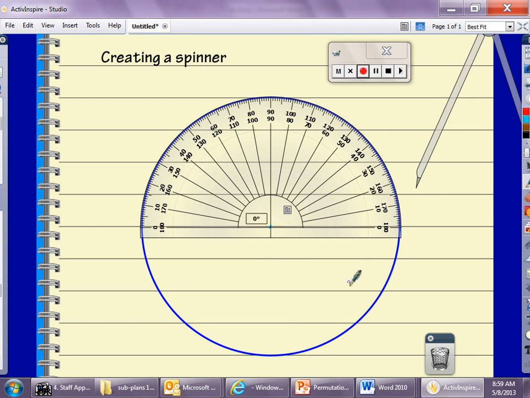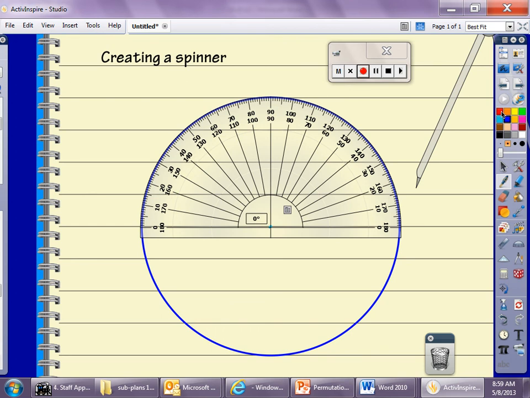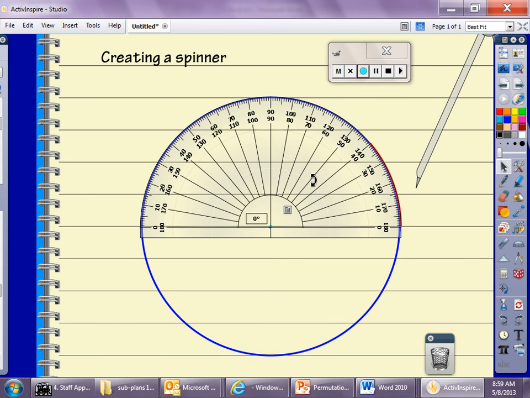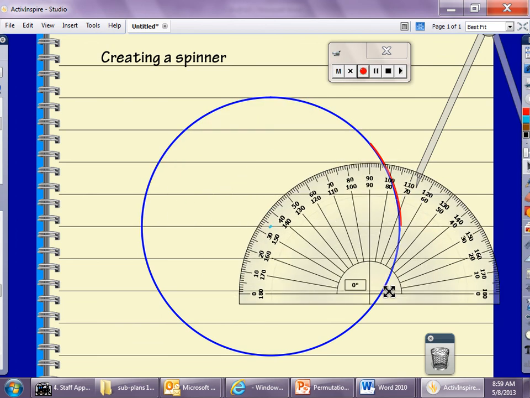Okay, so now, another way to do this, just say we want to make 9 sides. So, each piece has got to be 40 degrees. So we'll make a mark at 40 degrees, which is right here. I'm actually going to highlight this whole section of 40 degrees. Okay? Now I'm going to remove the protractor because you really don't need it anymore.